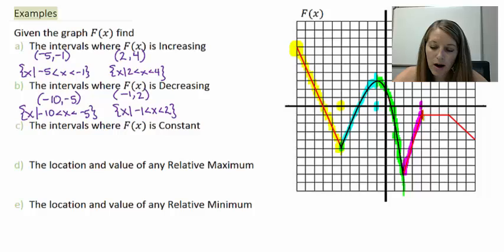Moving on, my graph is staying the same. So it's horizontal between my original x value of 4 and my next x value here of 7. So it is constant between the values 4 and 7.